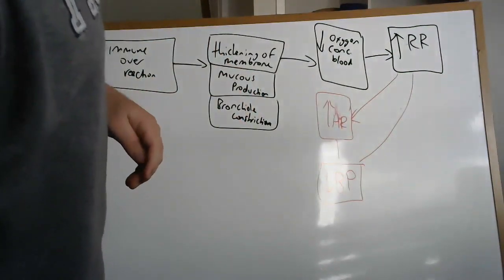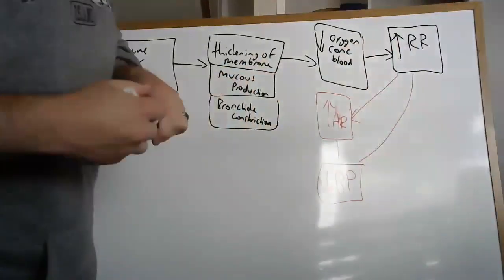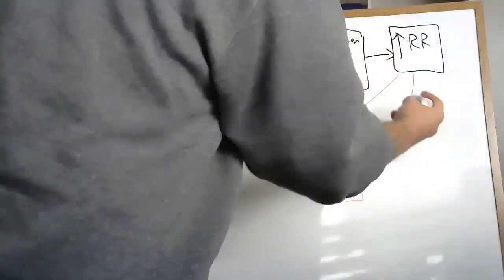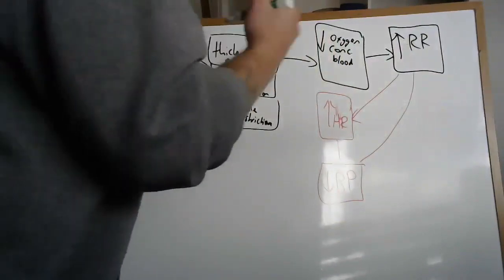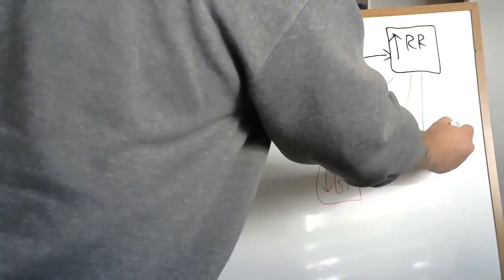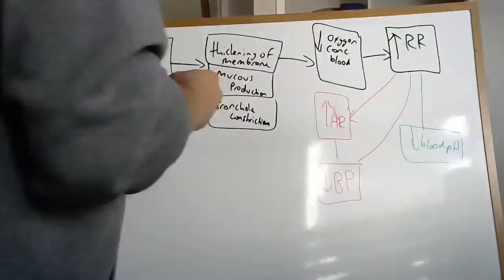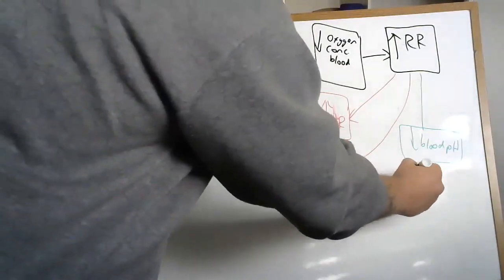So now we have the respiratory rate gone up. This causes a drop in the blood pH. So blood pressure causes fluid buildup.